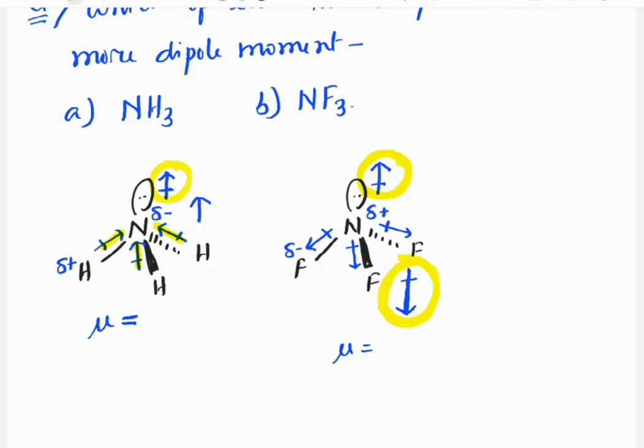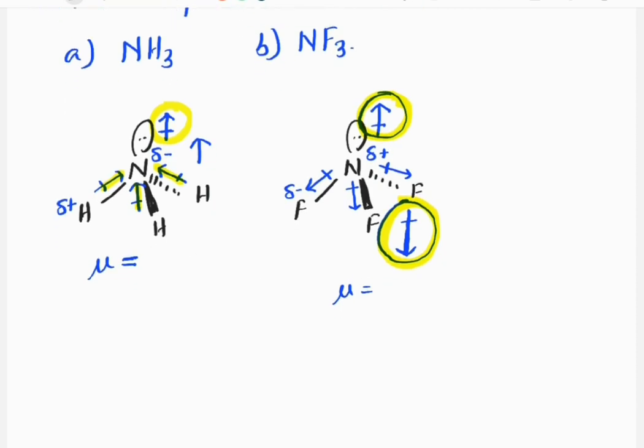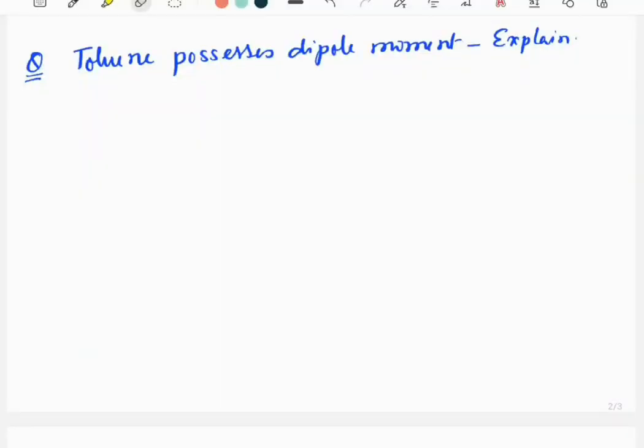That means in this case mu will be reduced, because this vector will be cancelled by this vector to some extent. So the dipole moment of NH3 will be greater than the dipole moment of NF3.